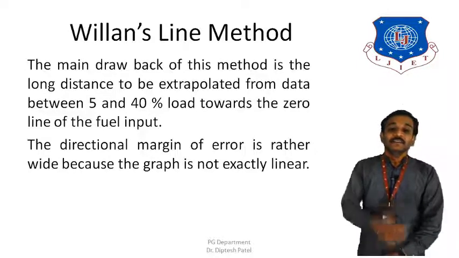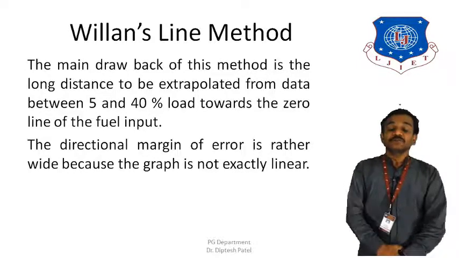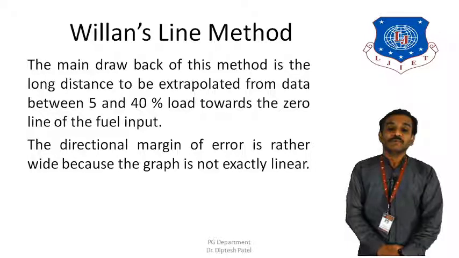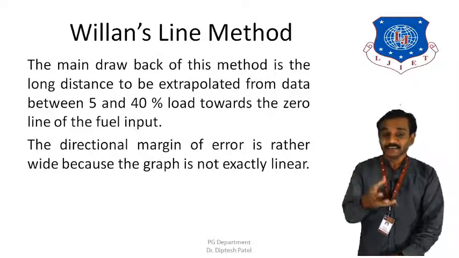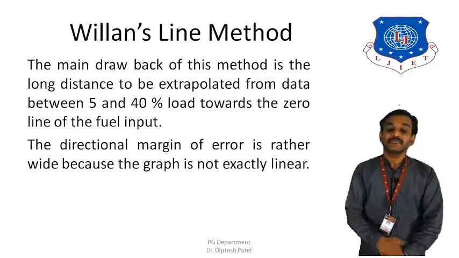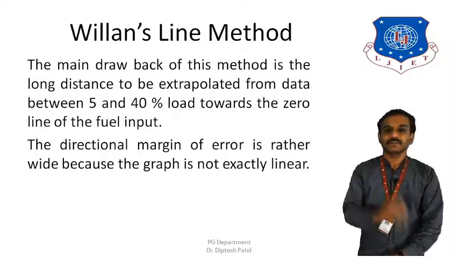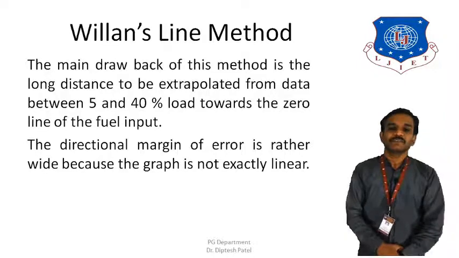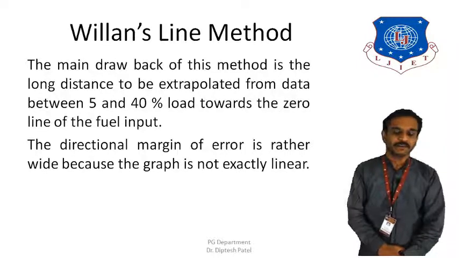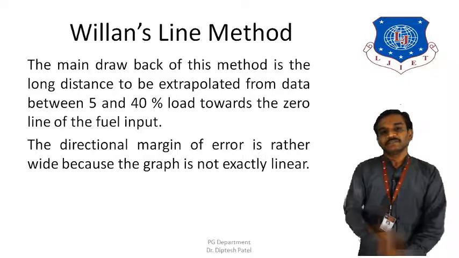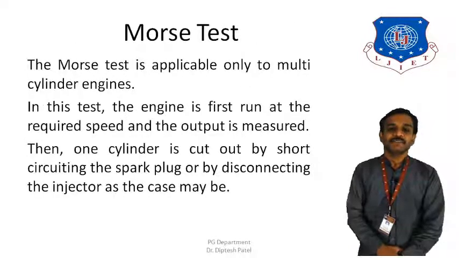Accuracy is another issue for the Williams line method, because a directional margin of error always occurs, this error is always wide, and therefore the graph is not exactly linear. So there is always a question about the accuracy of the Williams line method. So this is how the Williams line method works.